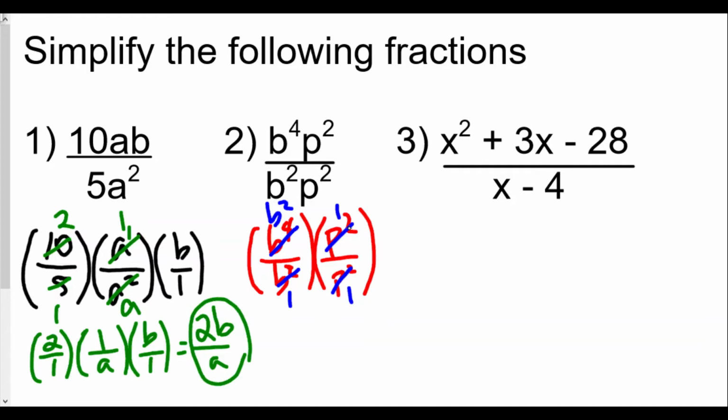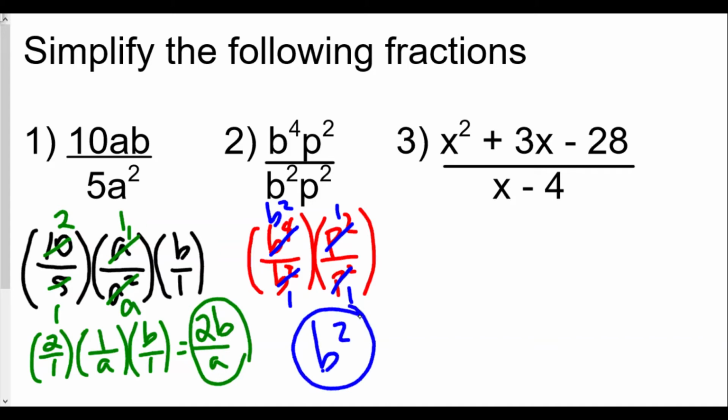But for b to the 4th over b squared, we can use our quotient rule for exponents, where when you divide two numbers with the same base, you keep the base and subtract the exponents. So we keep b, and of course 4 minus 2 is just 2. So we're left with, as our answer here, b squared over 1, which is b squared.